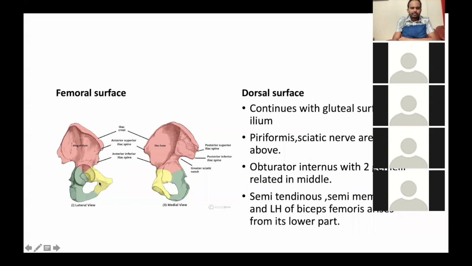This obturator foramen is closed by the obturator membrane, and this membrane allows the obturator vessels and nerves to traverse through it. This is all about the hip bone. Clear?